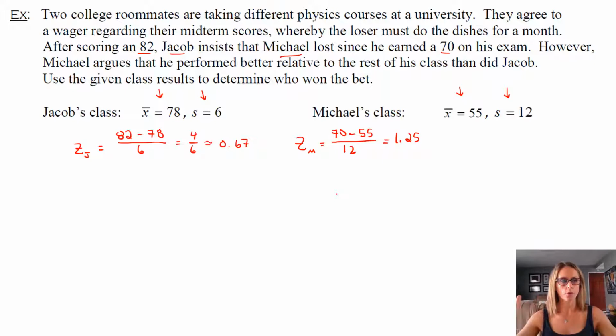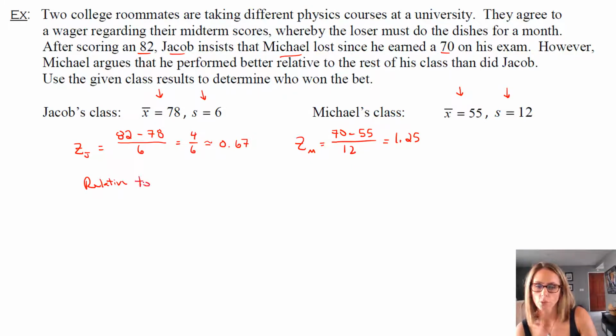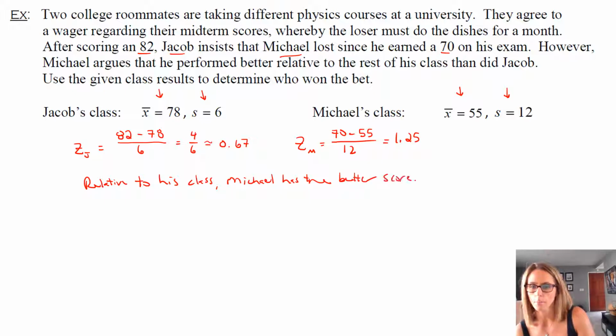And so the further you go out from the mean, the more unusual your data value is. So what this tells us is that relative to his class, Michael has the better score. And that's why z-scores can be very important, because they allow us to compare.